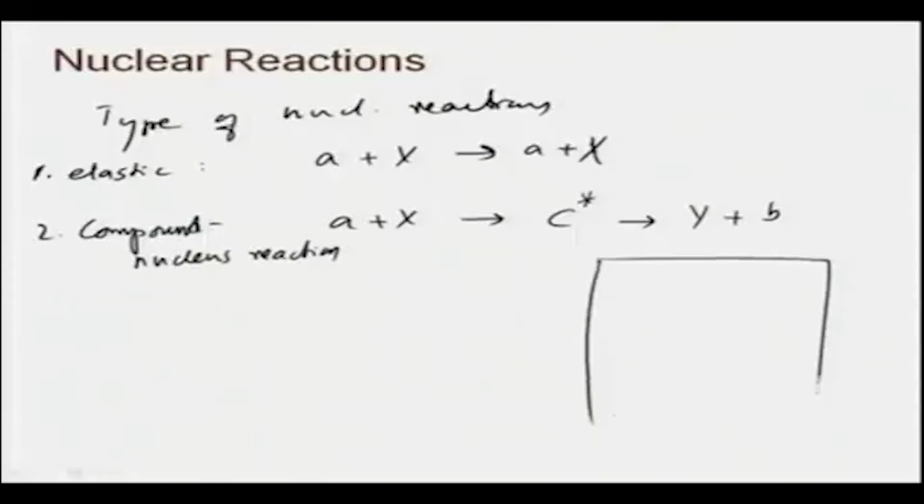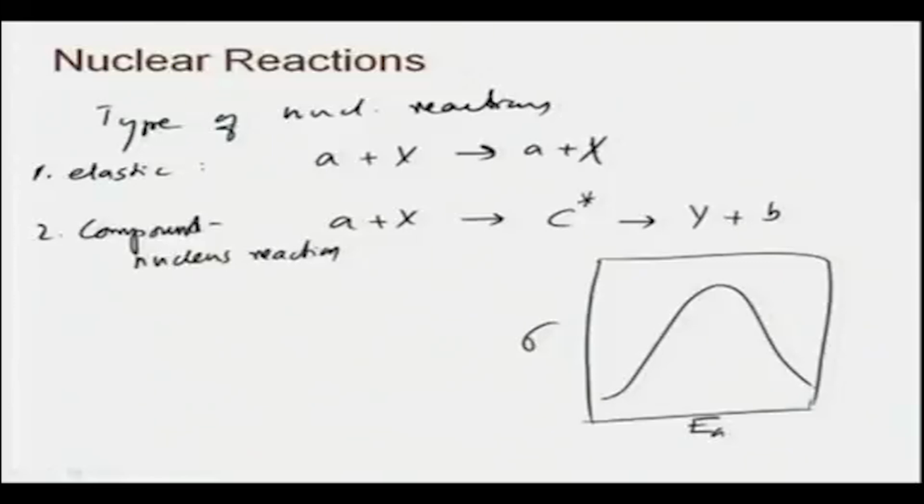Typically, if you look at the cross section sigma, and plot this against the kinetic energy of particle A, the projectile, then if you are expecting some kind of a particular excited state of some intermediate nucleus, in that case the cross section will have a large value around the energy E star, for some values of E A that will give, in combination with the mass energy of X, whatever is the excited energy of C. Okay.